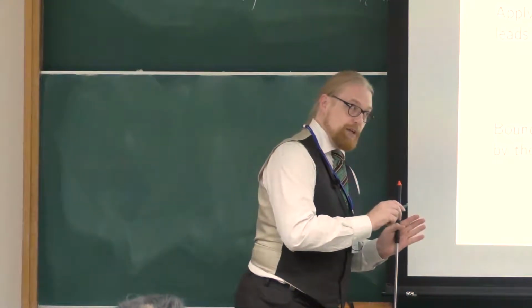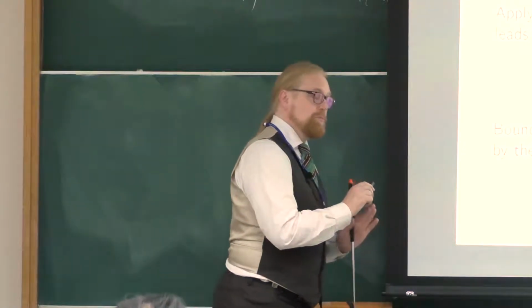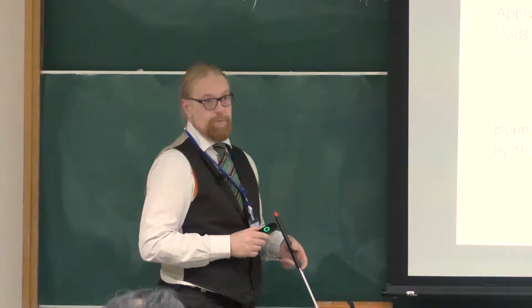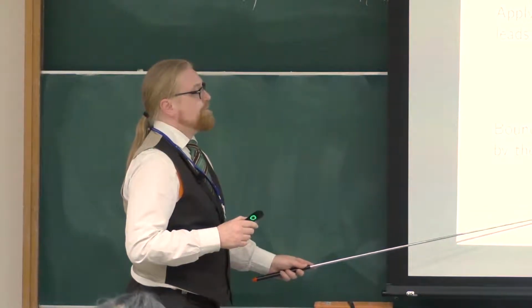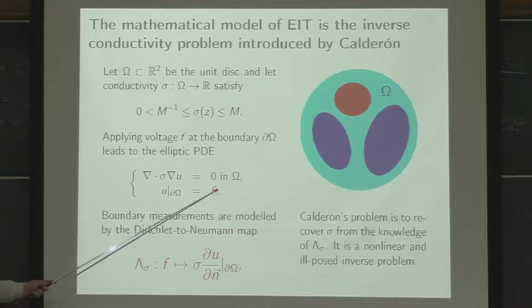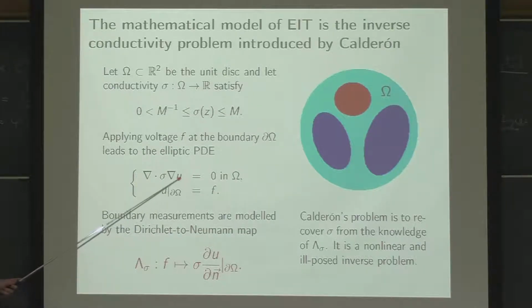Now, in the mathematical model, it's more convenient in many cases to consider this Dirichlet-Neumann map, which is kind of a voltage to current map, in the sense that f, which we apply at the boundary, is the electric voltage potential, and then the solution inside, u, is the voltage potential inside the domain.